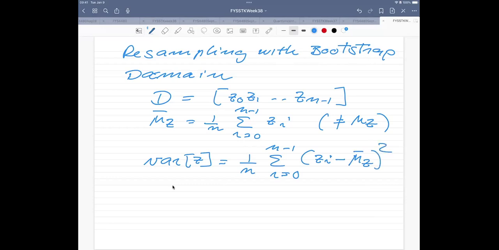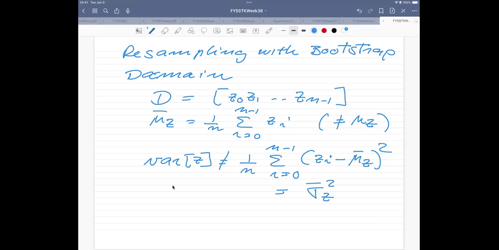This quantity is actually the sample mean variance, and that does not need to be equal to the exact variance.